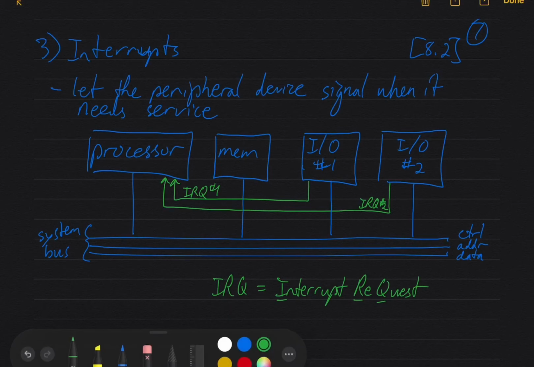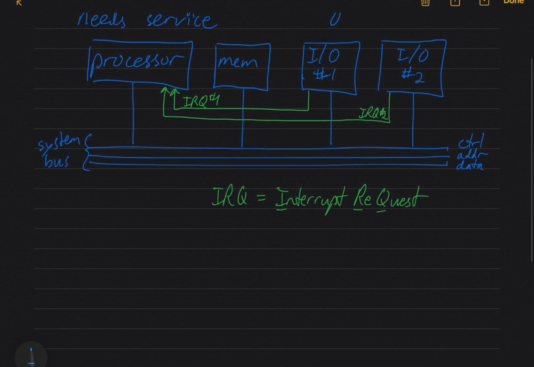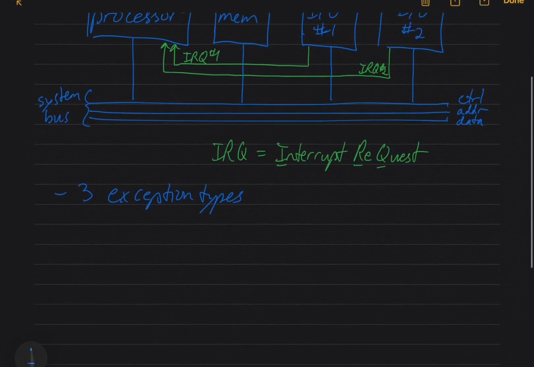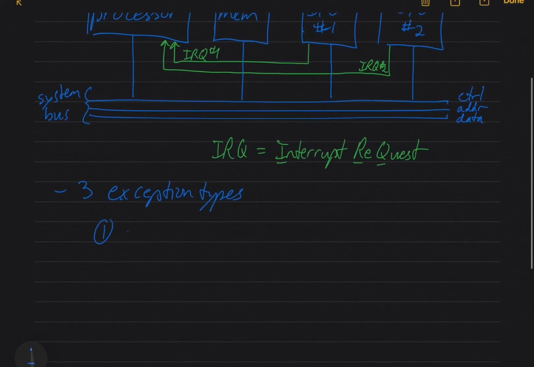And interrupt requests are one kind of exception that a processor can deal with. There's actually 3 exception types. And number 1 is the interrupt.